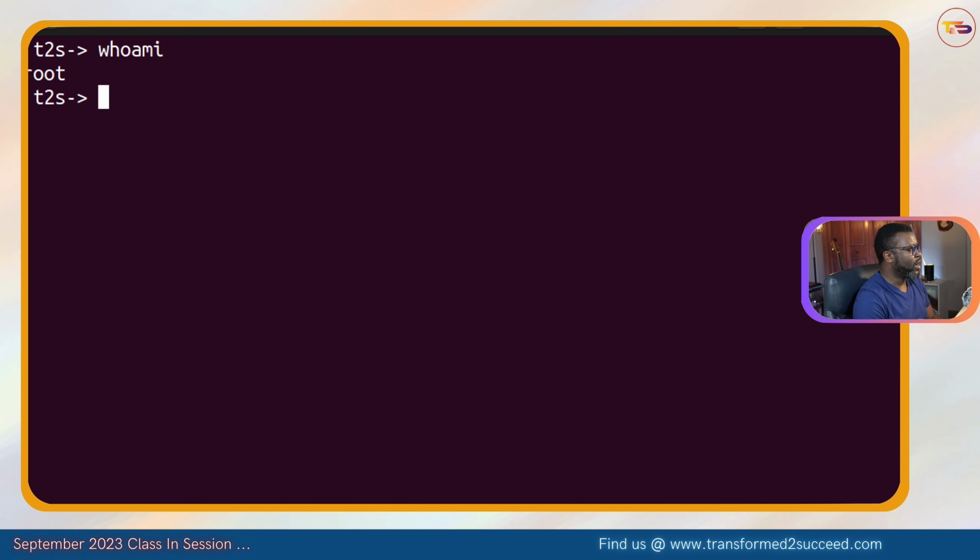What we want to do is set password aging attributes for user20 that we already created in the previous video: min days of 14, max days of 120, and warn days of 21.